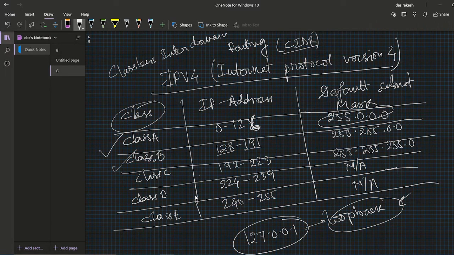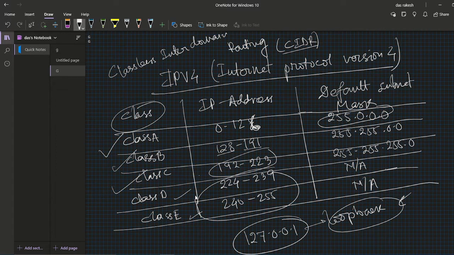The default mask is 255.255.0.0. The default subnet mask is very important for subnetting, which we discuss later. In class C, the IP ranges are from 192 to 223, and for class D and class E the ranges are not available for hosts.